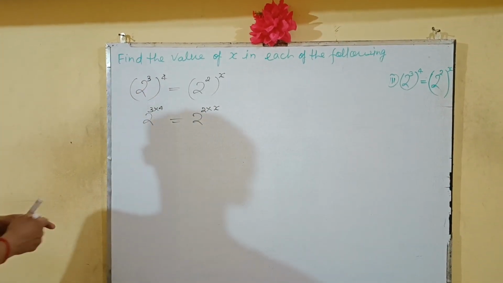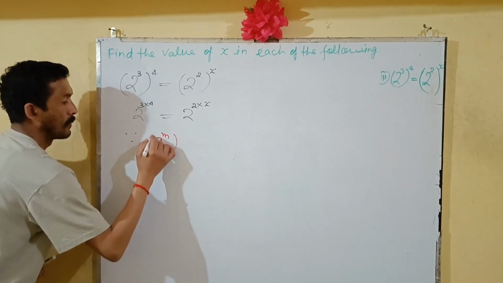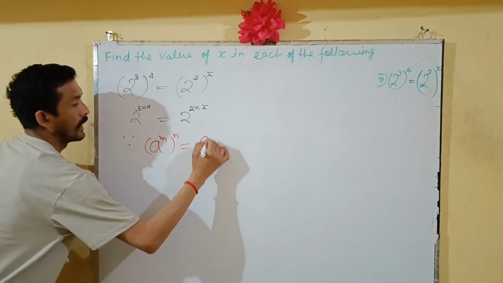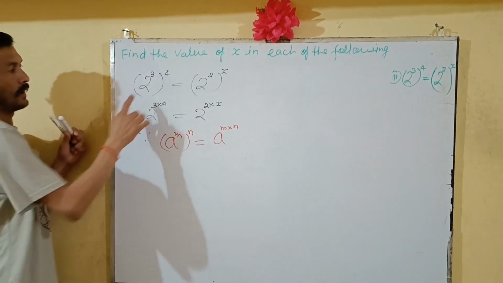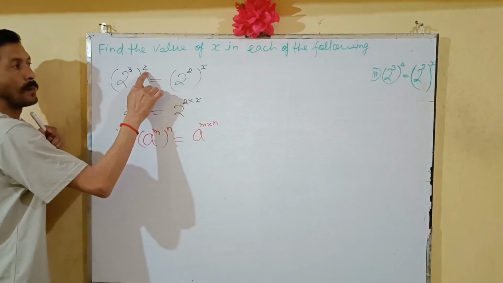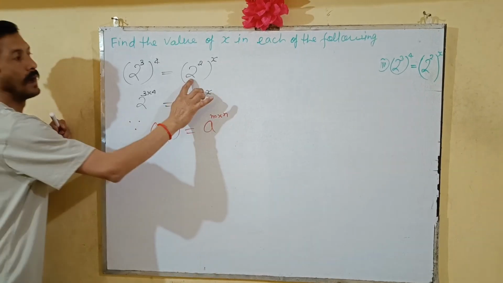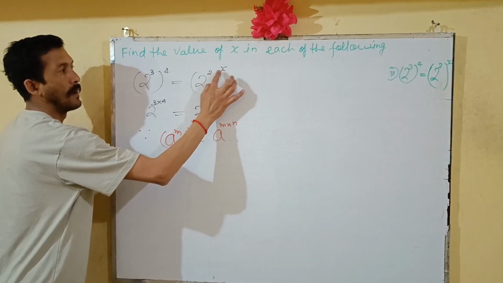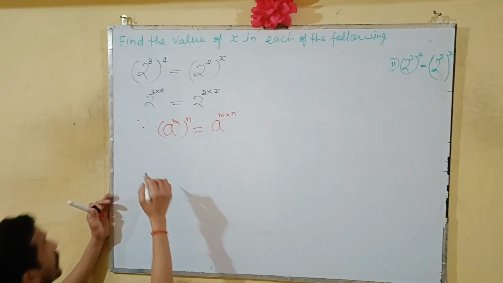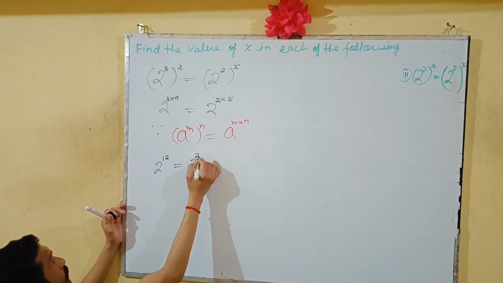By which rule? Since (a to the power m) to the power n equals a to the power m into n. Same here: (a to the power m) to the power n equals a to the power m into n. It becomes 2 to the power 12 equals 2 to the power 2x.